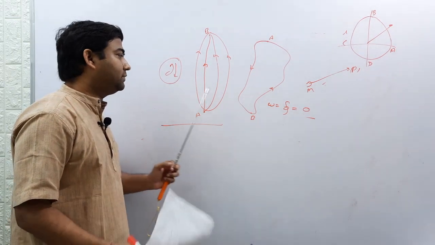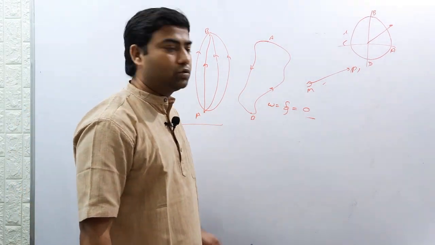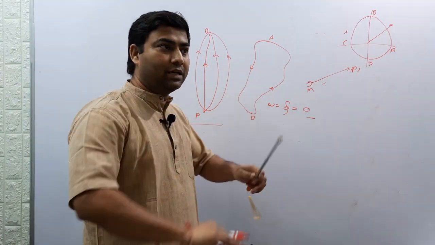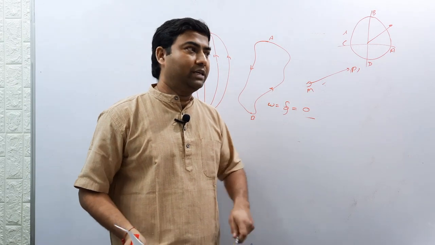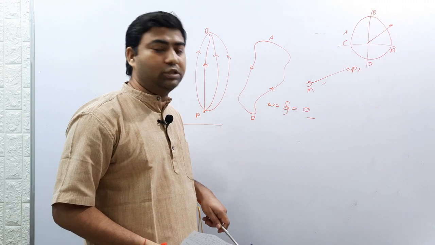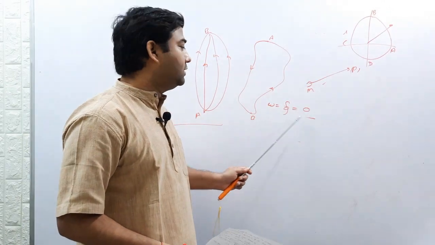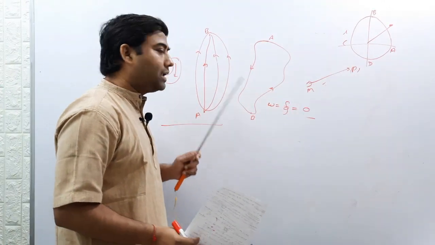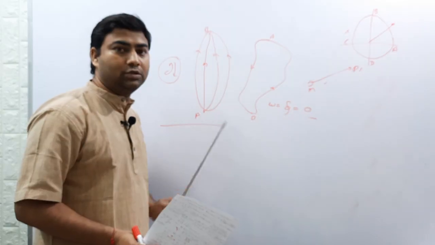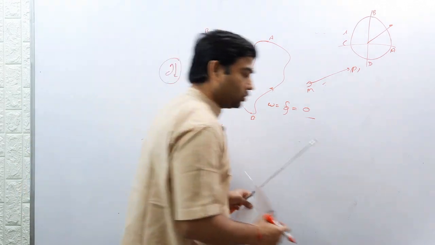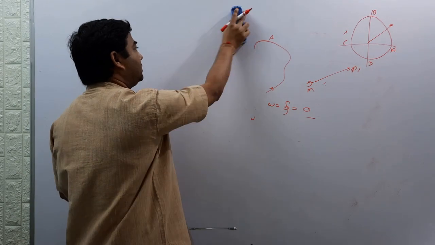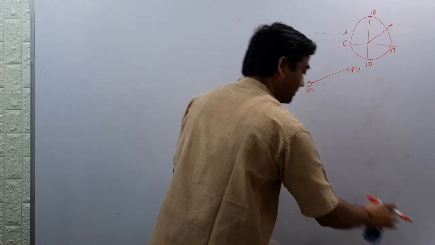As G is a conservative field, for the gravitational field also, the work done in a closed path is zero. When the particle moves and comes again to its original position, the work done will be 0, because the line integration, that is the circulation of this conservative force, is always 0 in a closed path. So that was about conservative fields.